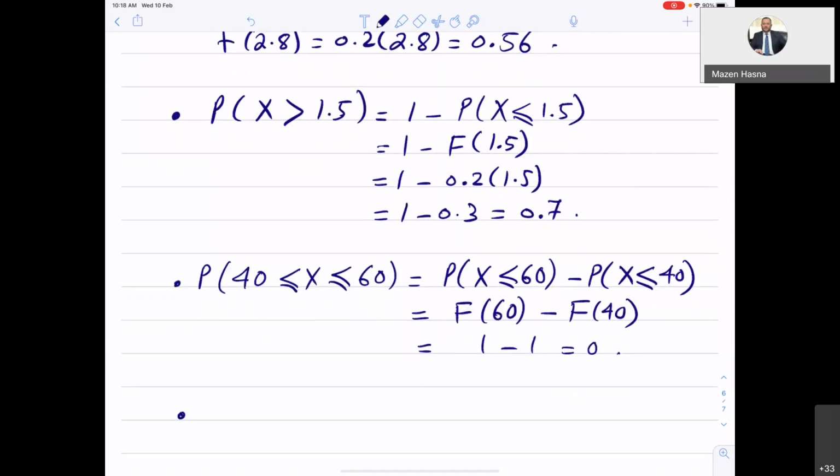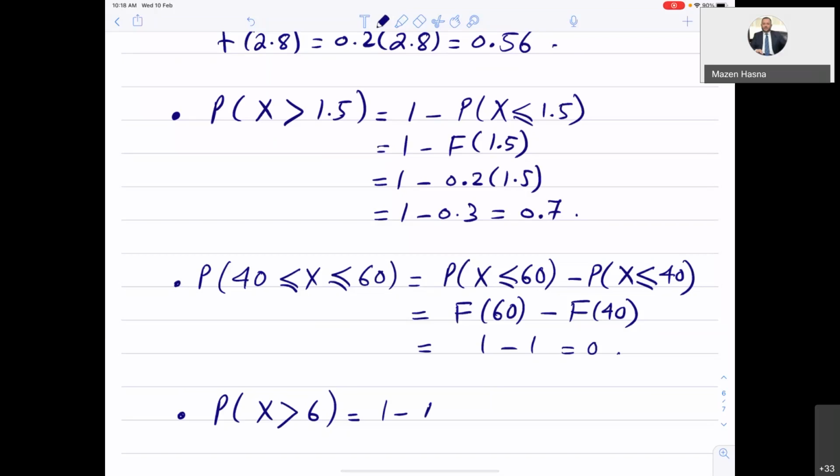Finally, let me ask this: what's the probability of x greater than 6? I like this example. Again, as I said, don't play it too smart.